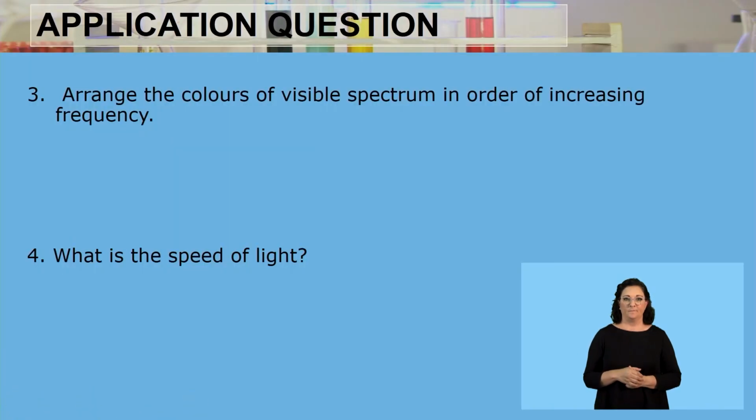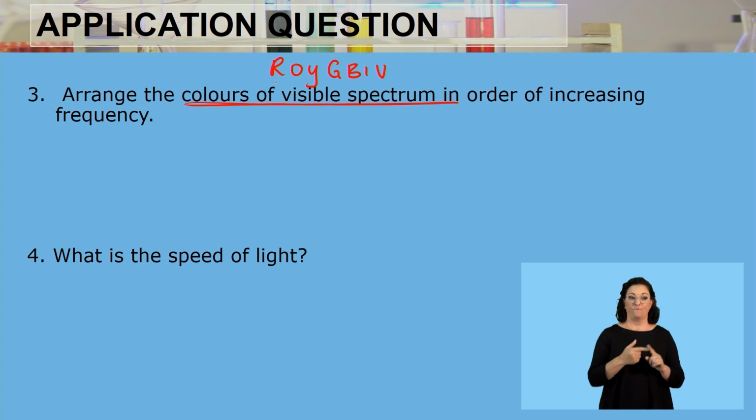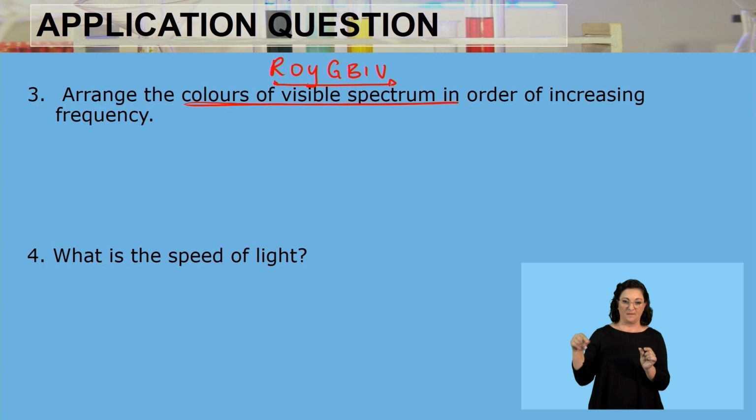Now, next question. We are supposed to arrange colors of visible spectrum in order of increasing frequency. Remember our 7 colors of visible spectrum. We know that as you are moving from red to violet, the wavelength of those colors is decreasing. And if the wavelength is decreasing, it then means that the frequency is increasing.